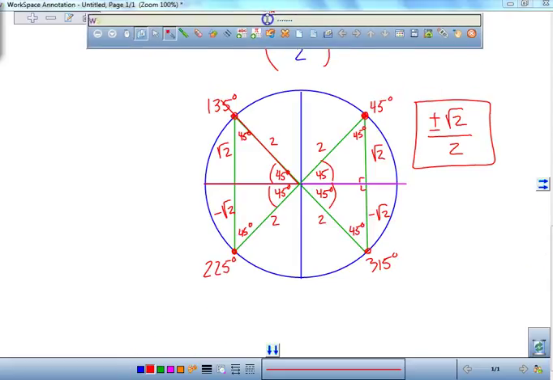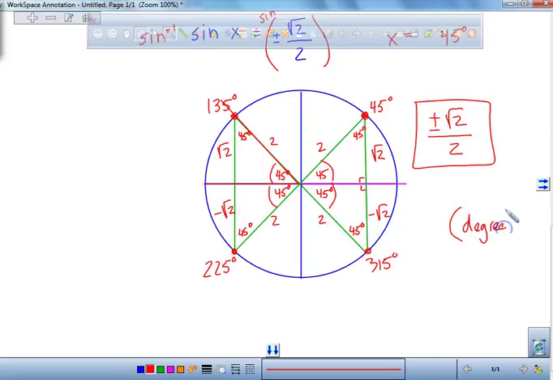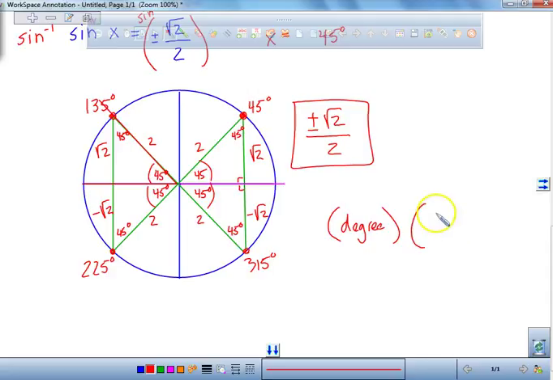So now that we know where we are in the unit circle as far as degrees, you guys need to know how to convert your degrees to radians. So you always take whatever degree that you have, you need to multiply it by pi over 180 degrees, and that will give you your answer in radians. That will always convert it.